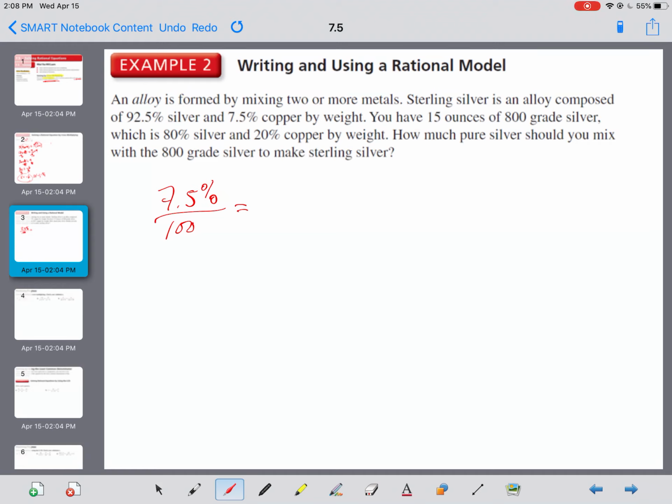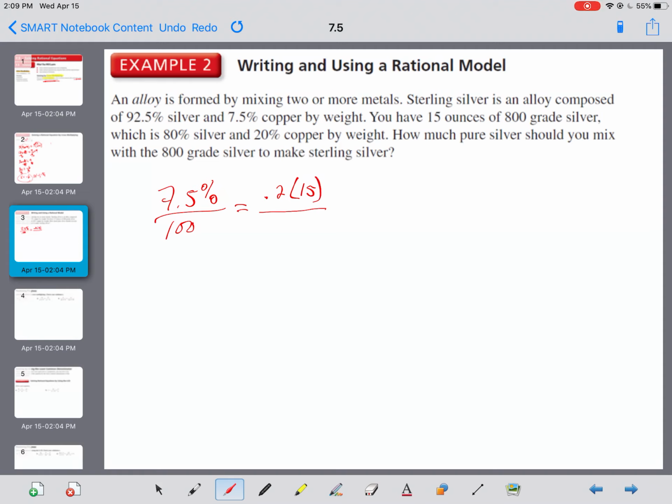Well, when we deal with the copper, we've got 20%, right? That's 0.2. And we've got the weight of the copper in the mixture. We have 15 ounces, right, of 800 grade silver.